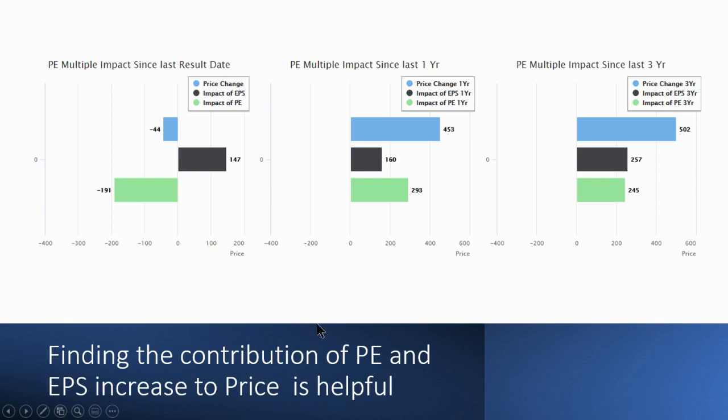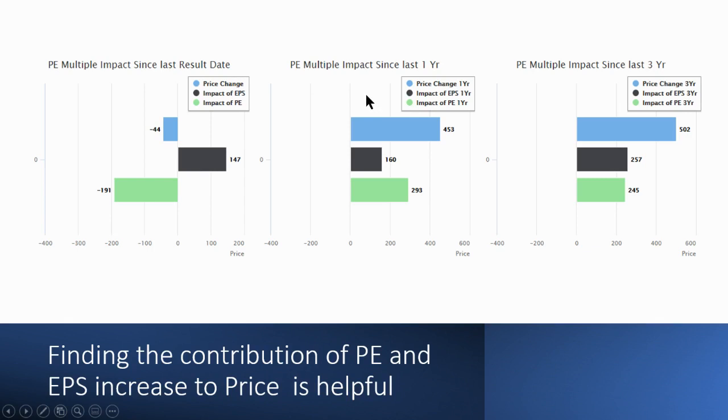We also have brought in one more important observation from valuation: what is the contribution of PE multiple to the share price vis-a-vis the contribution of EPS. For example, in this left chart, since 1 day prior to the last quarter, whatever is the PE multiple, and the new TTM PE we have taken to compute, the price has reduced by 44 rupees, but based on the old PE, 147 rupees was added because of EPS, and the PE fall has contributed negative 191 rupees.